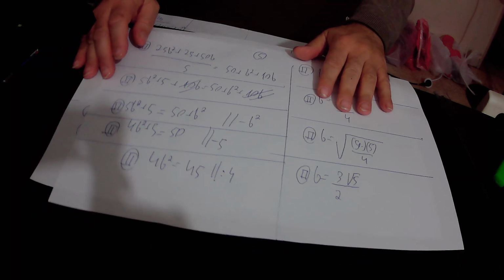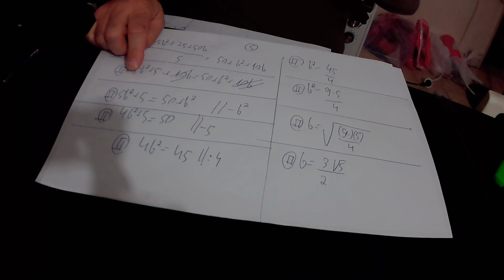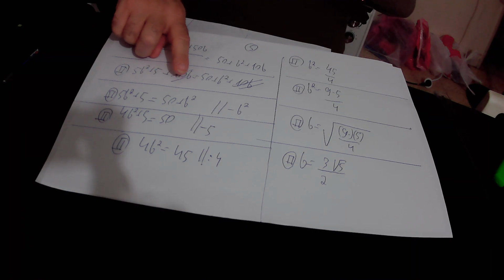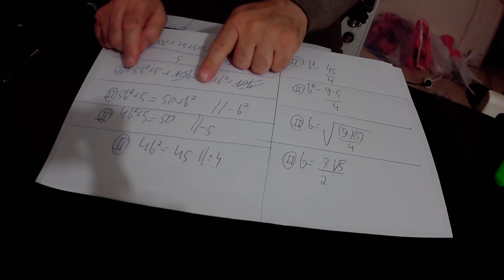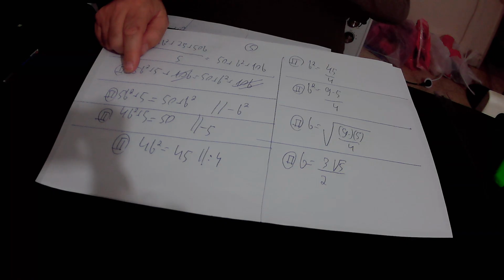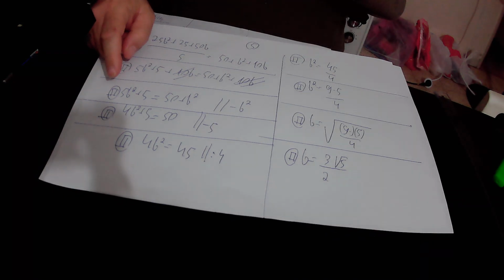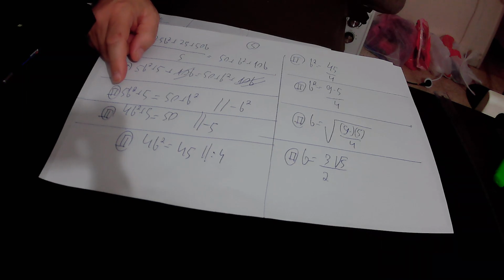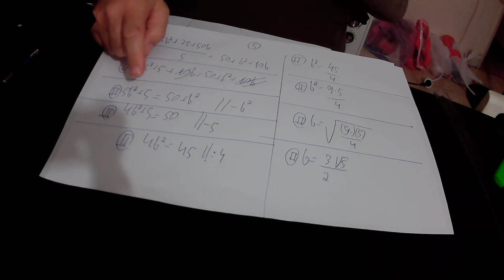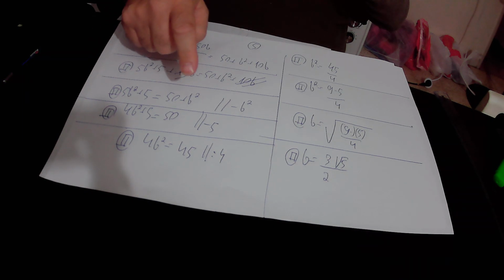In conclusion, according to equation number 2, 5b squared plus 5 equals 50 plus b squared. We subtract b squared from this equation, and we find that 5b squared minus b squared is 4b squared. So on this side of the equation we have 4b squared plus 5, that equals 50. Here we subtracted 5 from the equation, and finally we found that 4b squared equals 50 minus 5, which is 45.